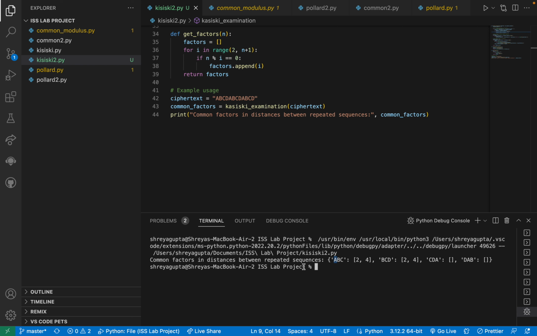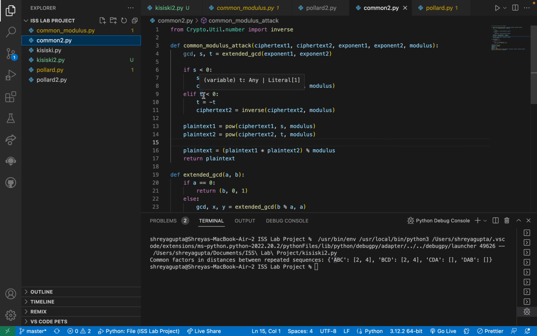The next is the common modulus attack. Let me open the file. Here comes the code of it. Let me explain about it. A common modulus attack targets public key cryptosystems like RSA where multiple keys share the same modulus n.